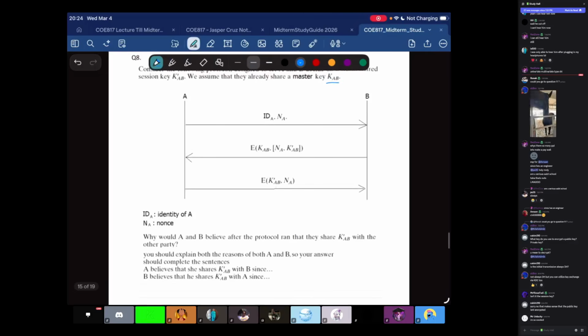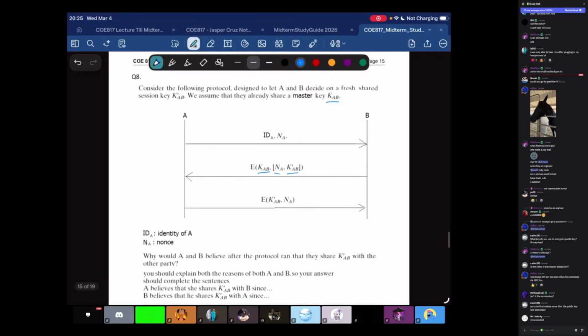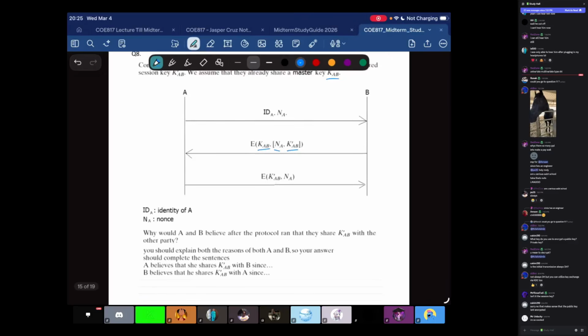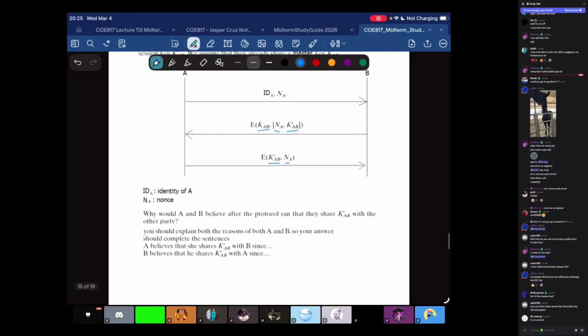So here we see that initially, without any encryption, A sends its ID and its nonce to B. B then encrypts with the shared master key the nonce of A and the new session key that it wants to use to communicate on. And then going forward, A will use that same session key and provide the same nonce value to prove that, okay, I am who I am.